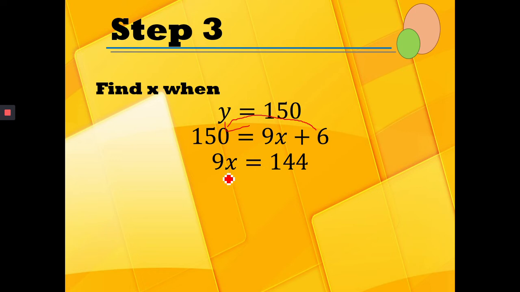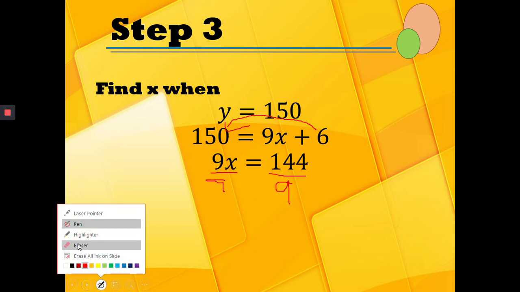Okay, next one is we're going to remove the coefficient, which is 9. And how are we going to do that? Of course, we simply divide both sides by 9. Pagpasensya na nyo yung sulat ko. So i-divide lang natin both sides by 9.